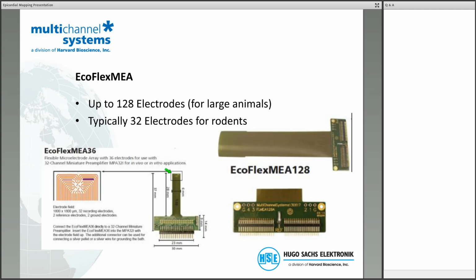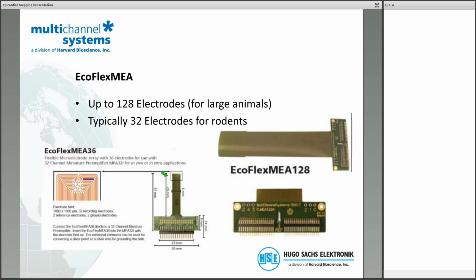And that one plugs in directly into the 32-channel headstage unit. Electrodes are arranged in a 6x6 layout on the tip of this one. You see the layout of the electrodes over here, and we have the connecting lanes from all sides approaching those electrodes in order to achieve a pretty high density of electrodes here in this area. As I said, that is a very nice design for rodents.